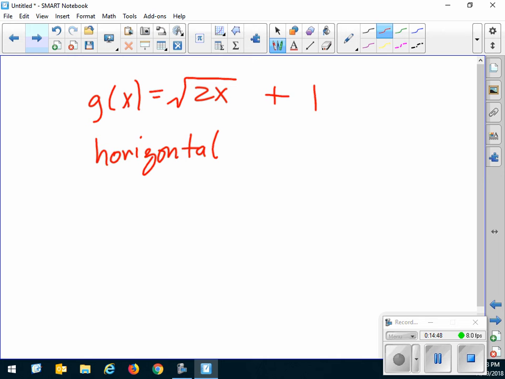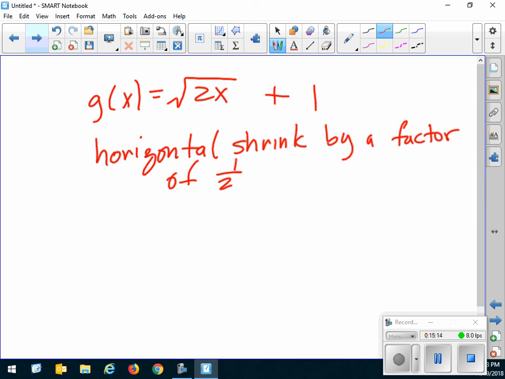You're just doing it with square root instead of x squared. Horizontal what? Does a horizontal tell the truth or does a horizontal lie? Horizontal lies, so horizontal shrink by a factor of 1/2.